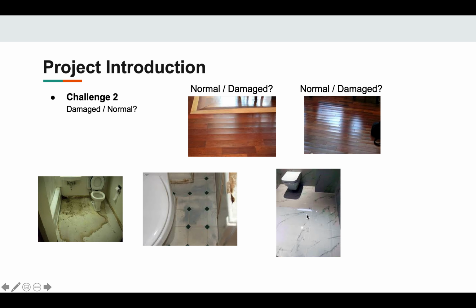We can see that there is some pattern on the floor. This pattern is not a regular pattern, and as a human, we know that this is a normal floor. But it's a little bit hard for a machine to tell the difference between this kind of floor and a damaged floor. So this is a challenge too.